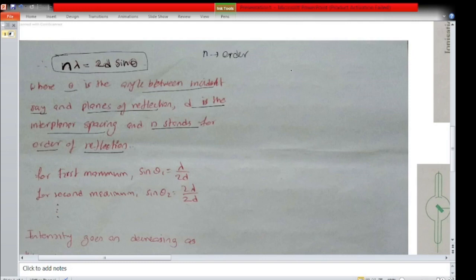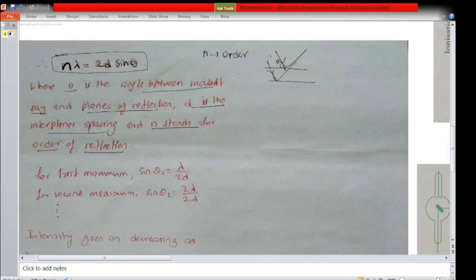So if you consider two planes and X-rays coming at this angle, all the X-rays, this X-ray also coming at this angle, they are reflecting back from here and interfering, so that may not give you a bright spot.